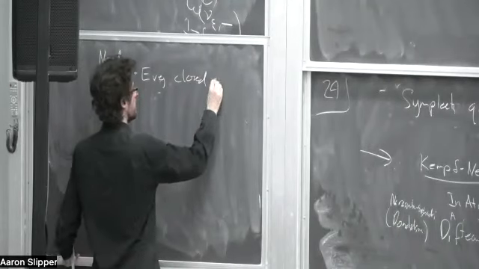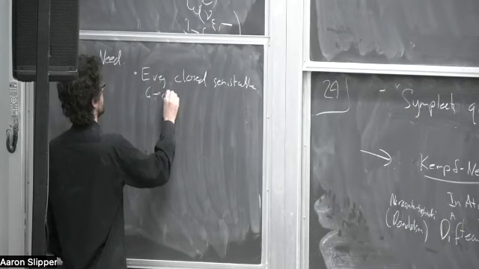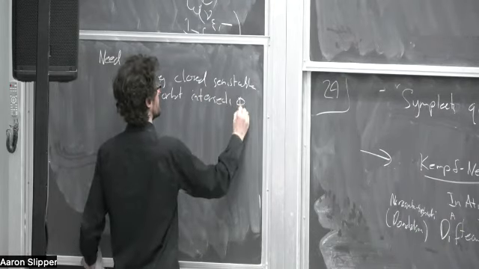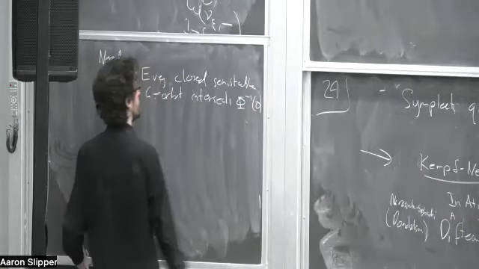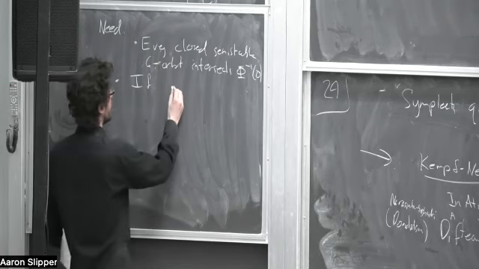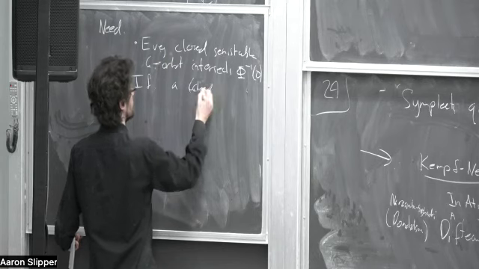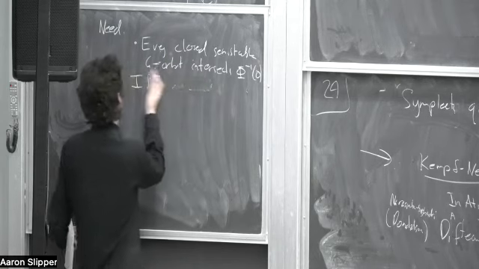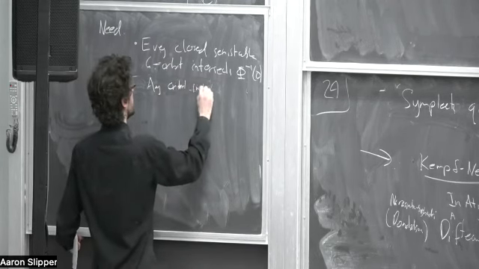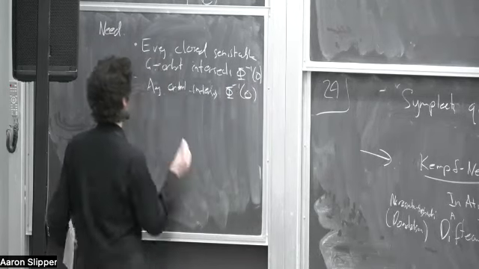Every closed semistable G orbit intersects the inverse of 0. And any orbit intersecting the inverse of 0 is closed.